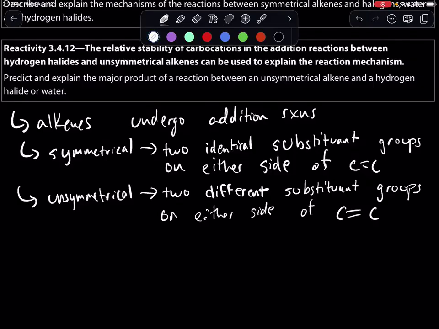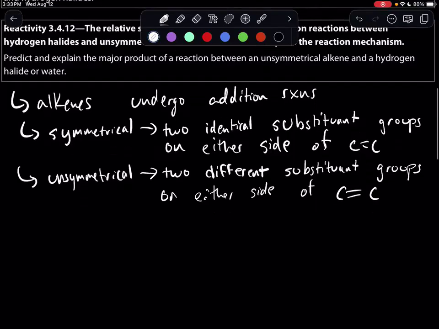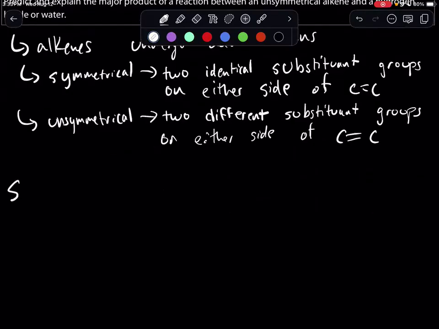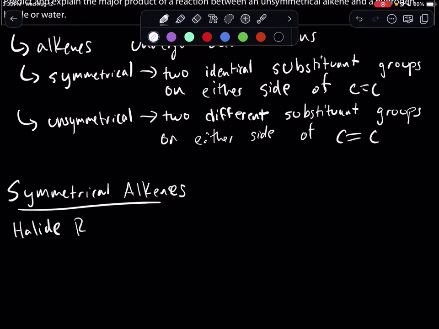The symmetrical and unsymmetrical aspects cause us to look at these reactions differently. So let's start with the simpler one, which are symmetrical alkenes. And in symmetrical alkenes, we're going to start with our halide reactions.